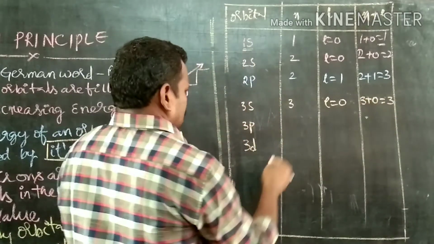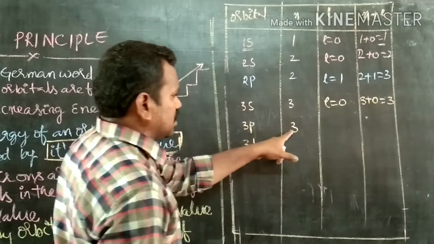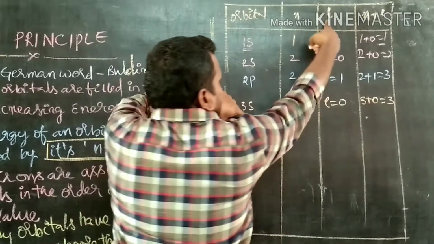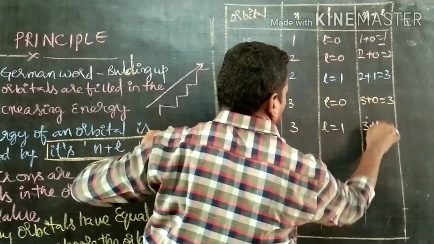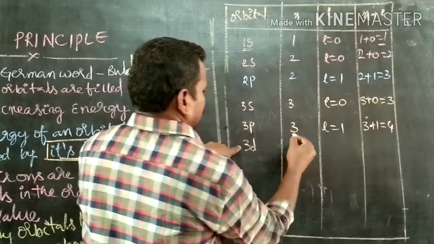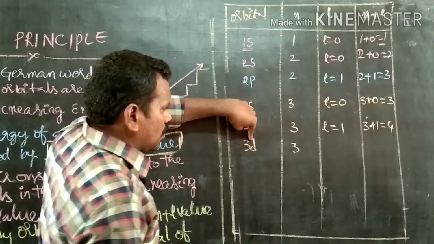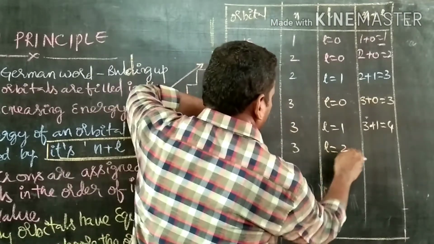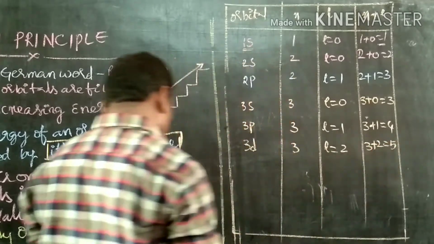For 3p, the principal quantum number is 3 and l is equal to 1. Now 3 plus 1 equals 4 quanta. For 3d, n is 3 and l is equal to 2. Now it becomes 3 plus 2, that is equal to 5.